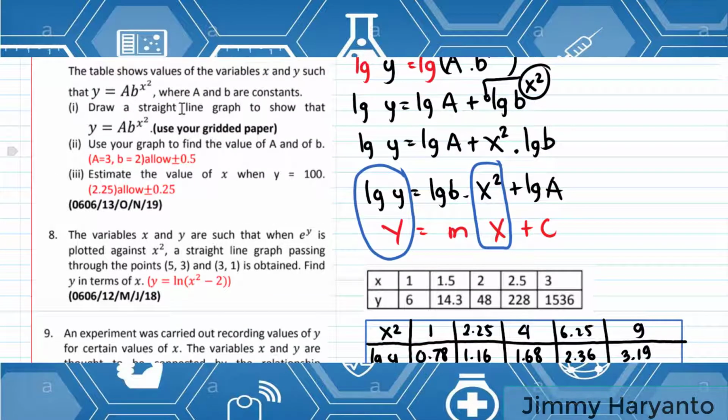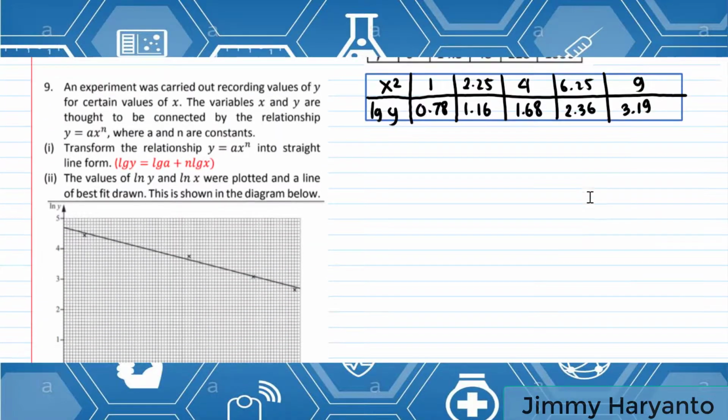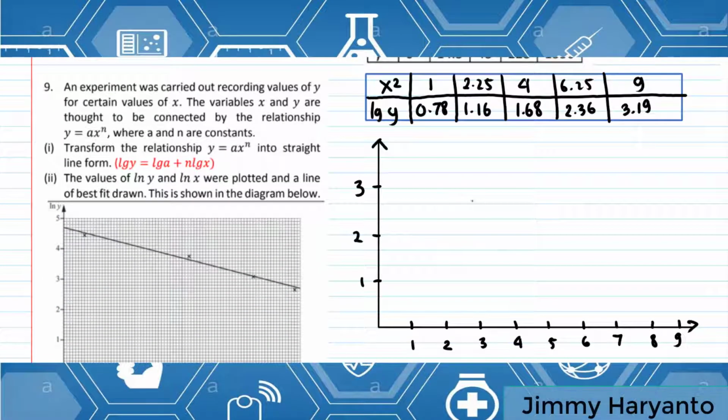And then the question is to draw a straight line graph. You have to draw it. Okay, the graph should be like this. The y-axis will be LG Y and the x-axis will be x squared.